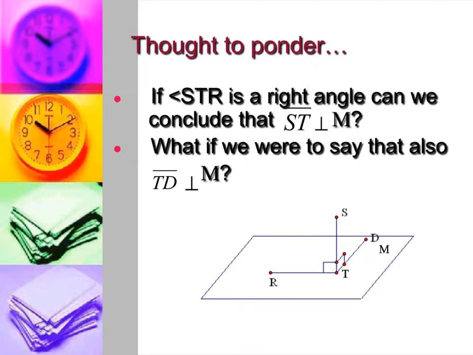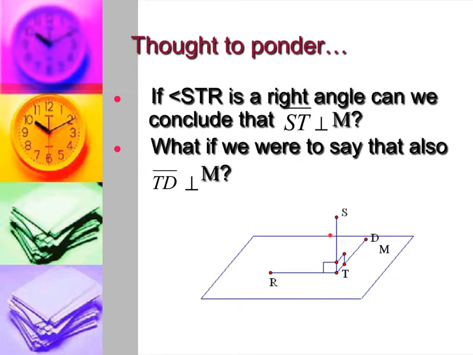What if I were to add in a second line, in this case TD? So we have ST is perpendicular to RT, and ST is perpendicular to TD. And both TD and RT lie in plane M. Now, when I look at this, okay, ST can't go towards RT or away from RT. It can't go towards TD or away from TD.